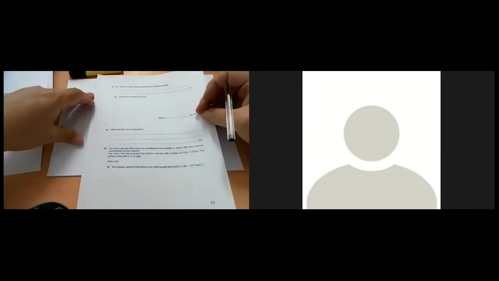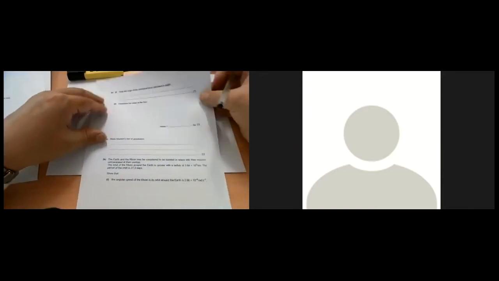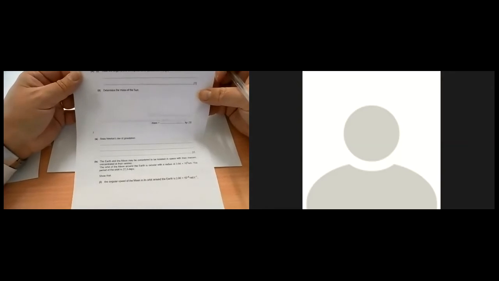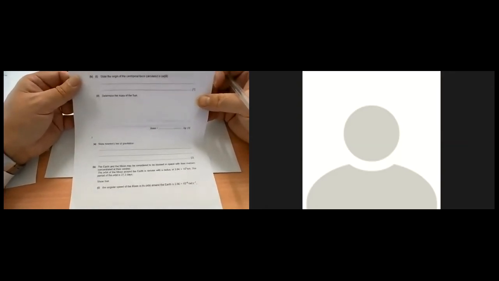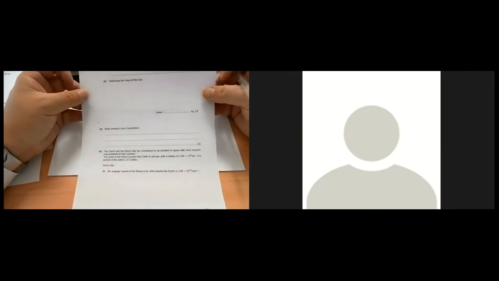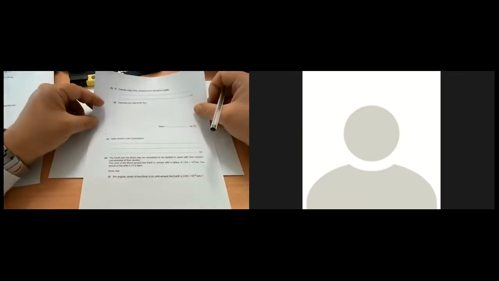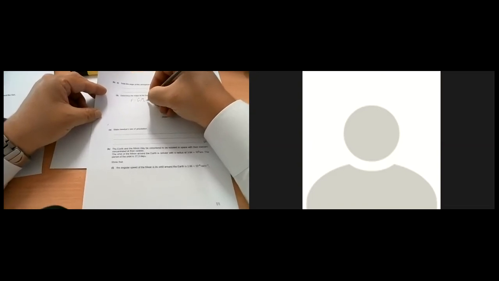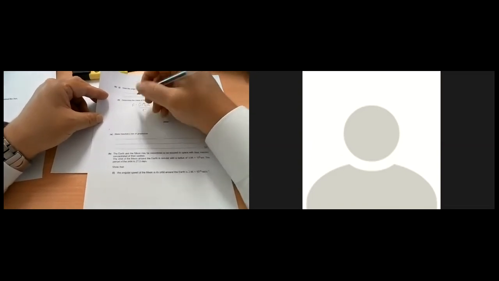Then the next part of the question asks you to state the origin of the centripetal force. The clue is that the origin of that centripetal force is going to be the gravitational pull of attraction between the Earth and the sun. And then you have to determine the mass of the sun. How do we go about doing that? Well, we know the centripetal force. And we know that the force is big G, the gravitational constant, which is on a formula sheet, times the mass of the sun, times the mass of the Earth, over r squared.